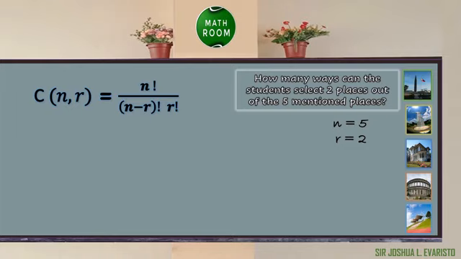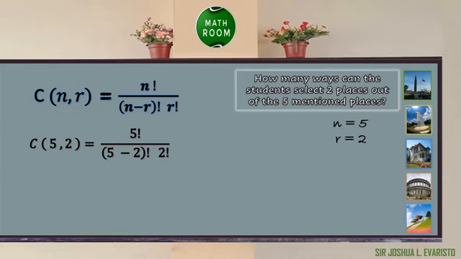Now, we can substitute the given values to the formula. So we have the combination of 5, 2 is equal to 5 factorial over quantity 5 minus 2 quantity factorial times 2 factorial.